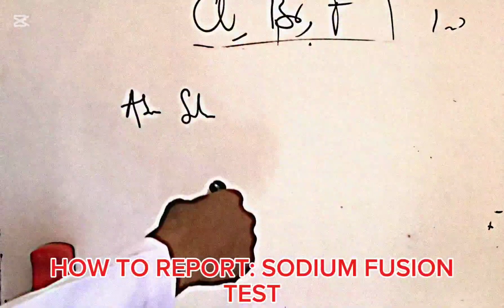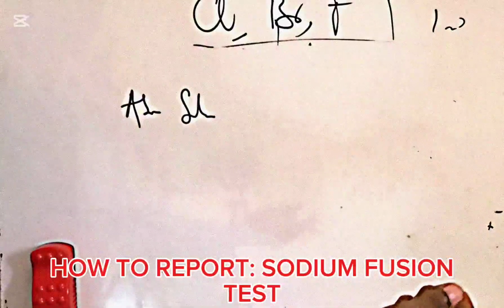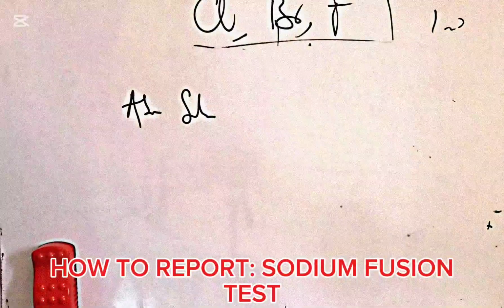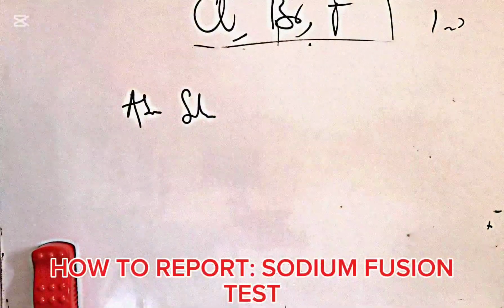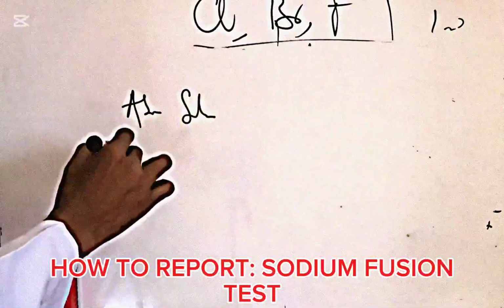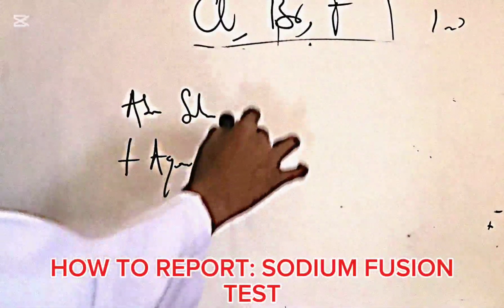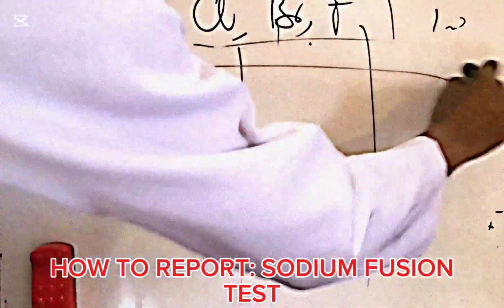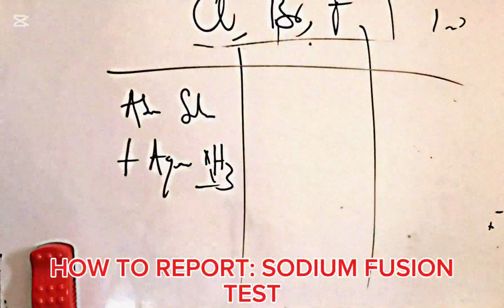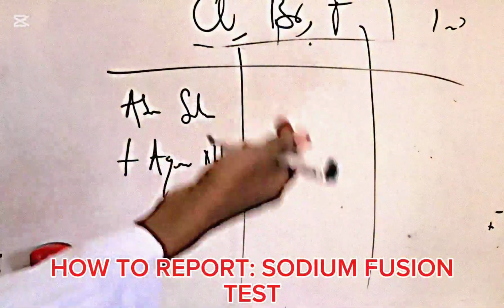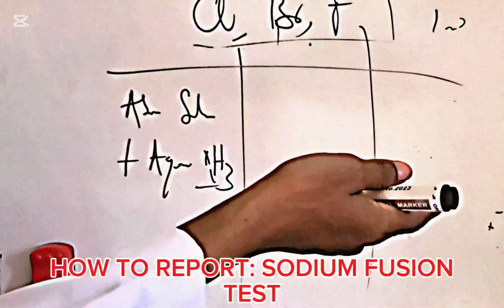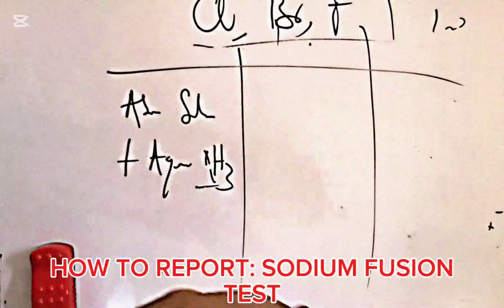The previous one where you were trying to determine if a halogen was present, chloride, bromine, or fluoride. So the above solution, you are expected to add aqueous ammonia, right? So essentially, why are you adding this? This is going to test for solubility. You want to test the halogen that is actually soluble in this.